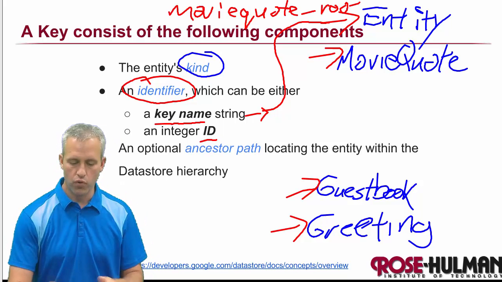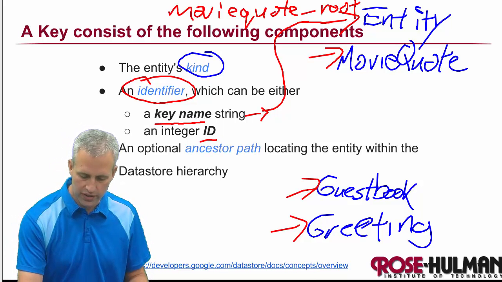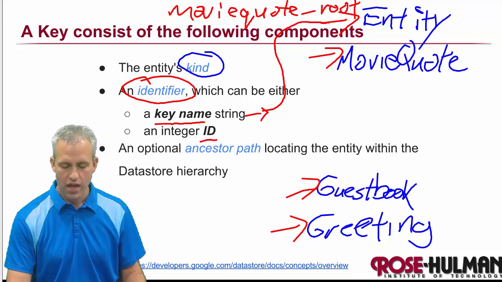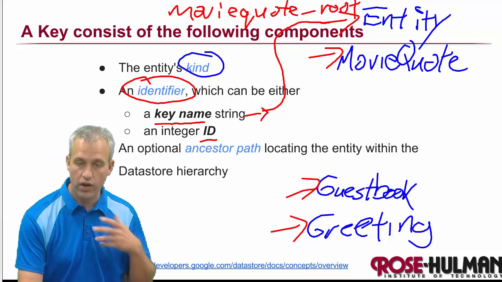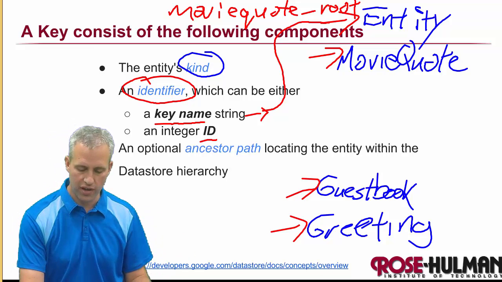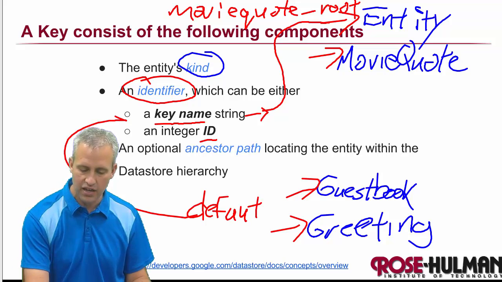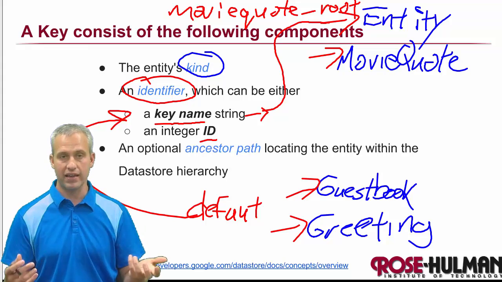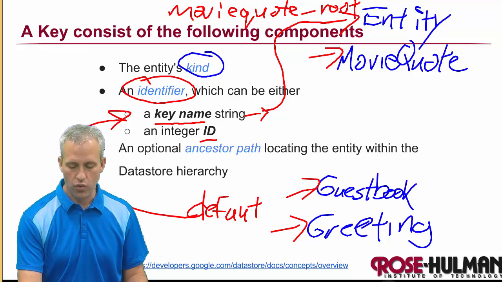It was called movie quote root, I believe. And then in the guest book, it was whatever you specified as the name of that guest book. For example, it used default guest book name as the key name for that key. That's one you can specify.